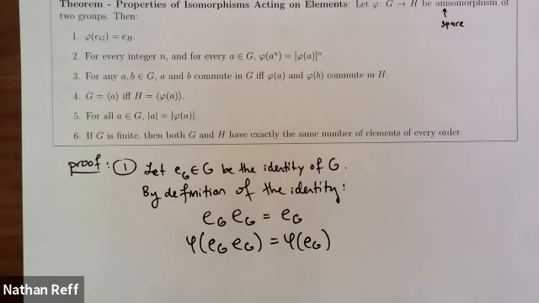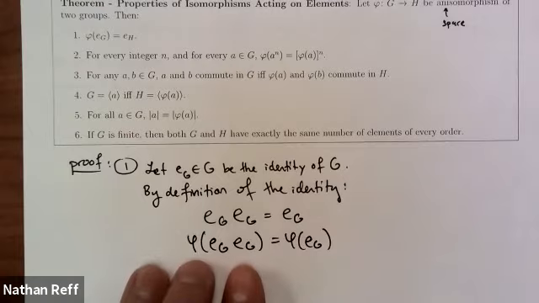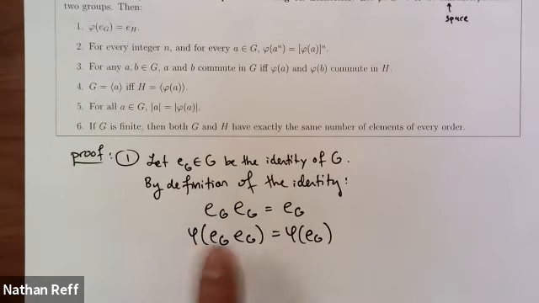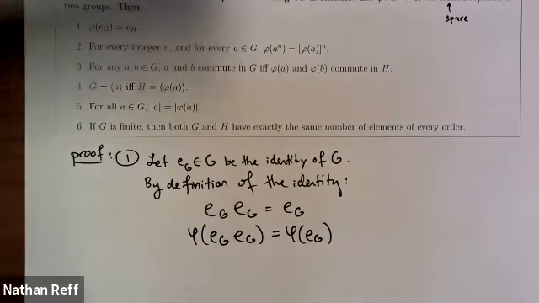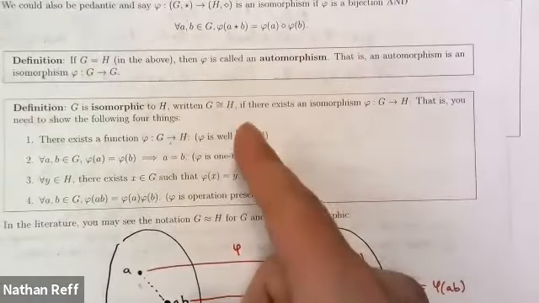Now, what can I do with the left side here? Anyone have an idea? I know that phi is an isomorphism. So if you look back at the properties of an isomorphism, an isomorphism is a bijection.